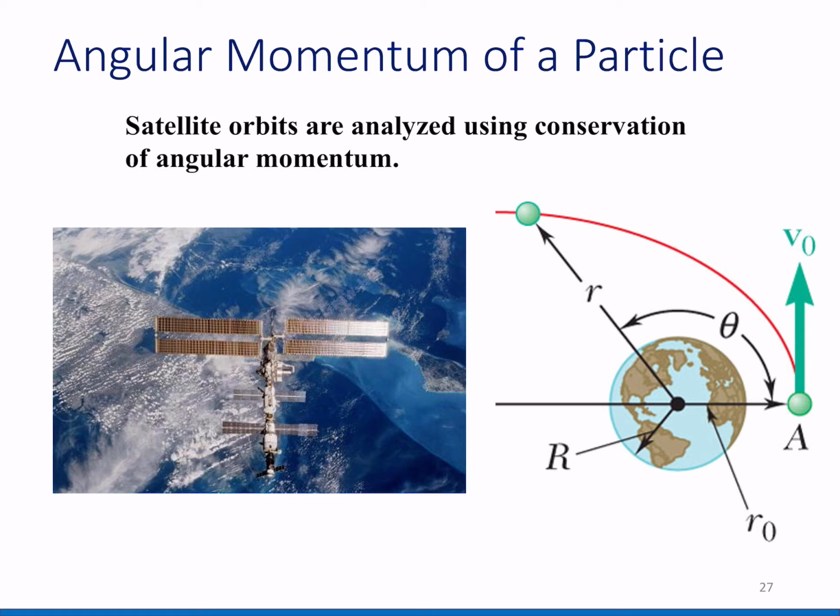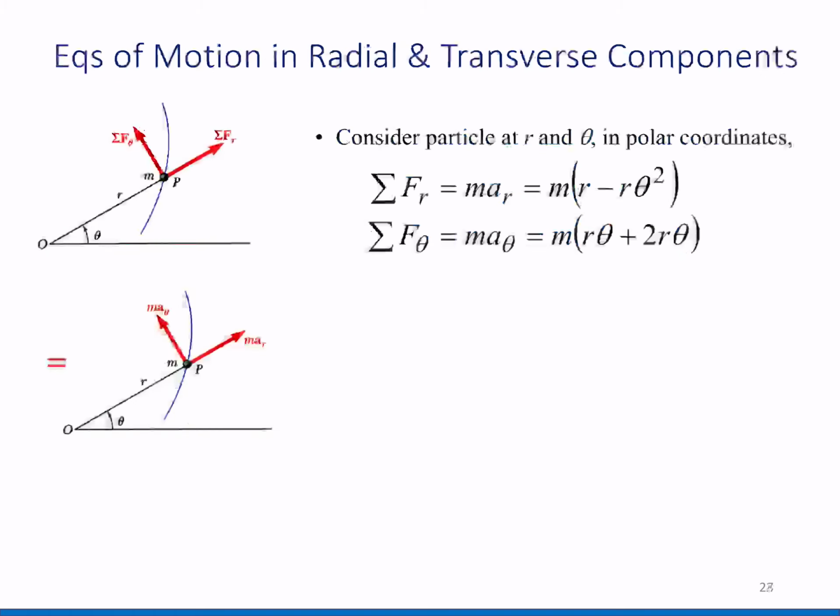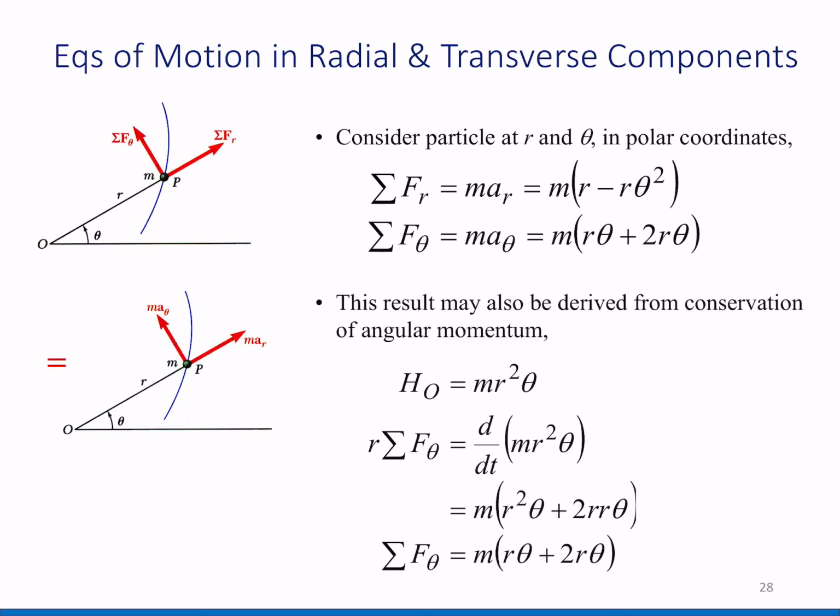You remember the momentum that we learned before, mv? Here the momentum is in terms of angle, so it will not be V anymore. It will be in terms of angular quantities. And this is the formula again for this one.